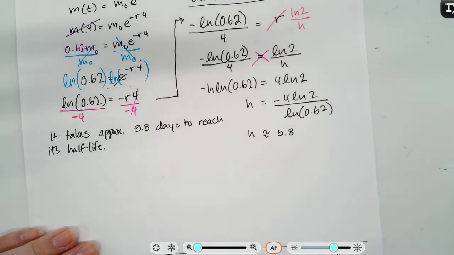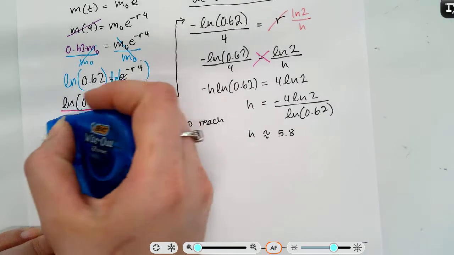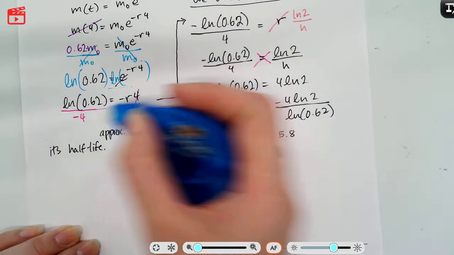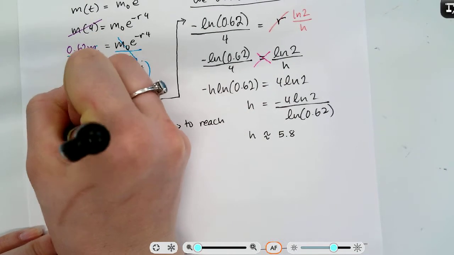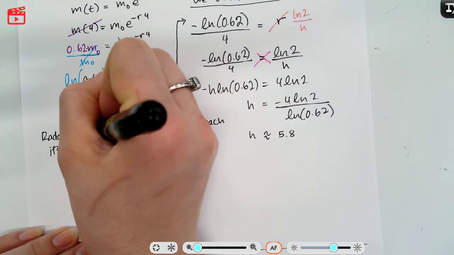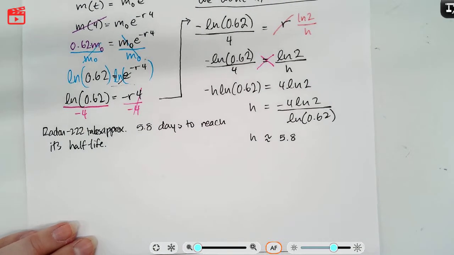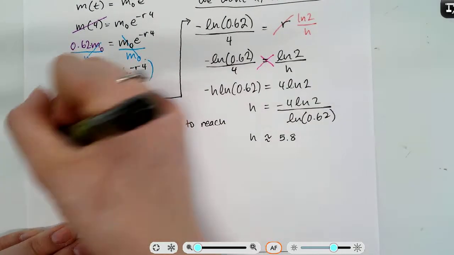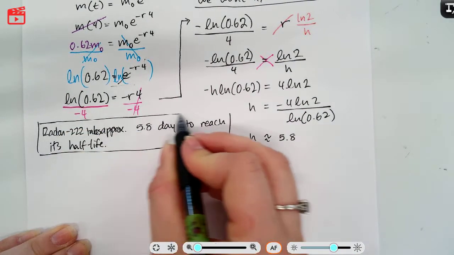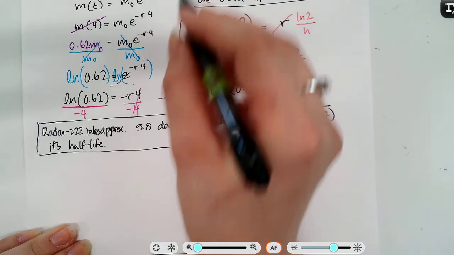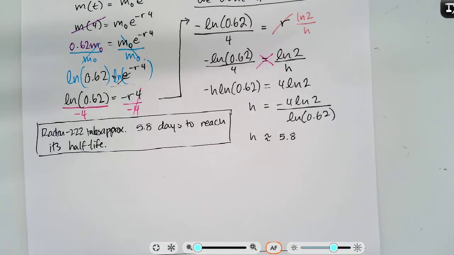Sorry, that's rather vague. Let's not use the word it. Let's say Radon 222 takes approximately 5.8 days to reach its half-life. Try to avoid using the word it in a word problem. Use the actual item we're talking about, which is Radon 222.